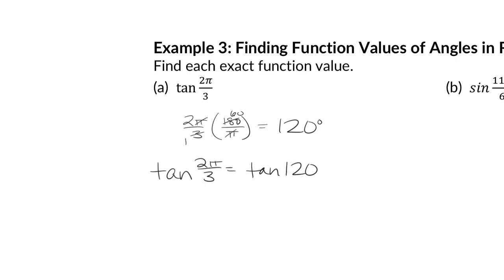And in the last chapter, when I asked you to do the tangent of an angle in quadrant 2, you'd have to think about its reference angle. What is the reference angle for 120? How many more degrees do I need to get to 180? 60. But in quadrant 2, is tangent positive or negative? Negative.